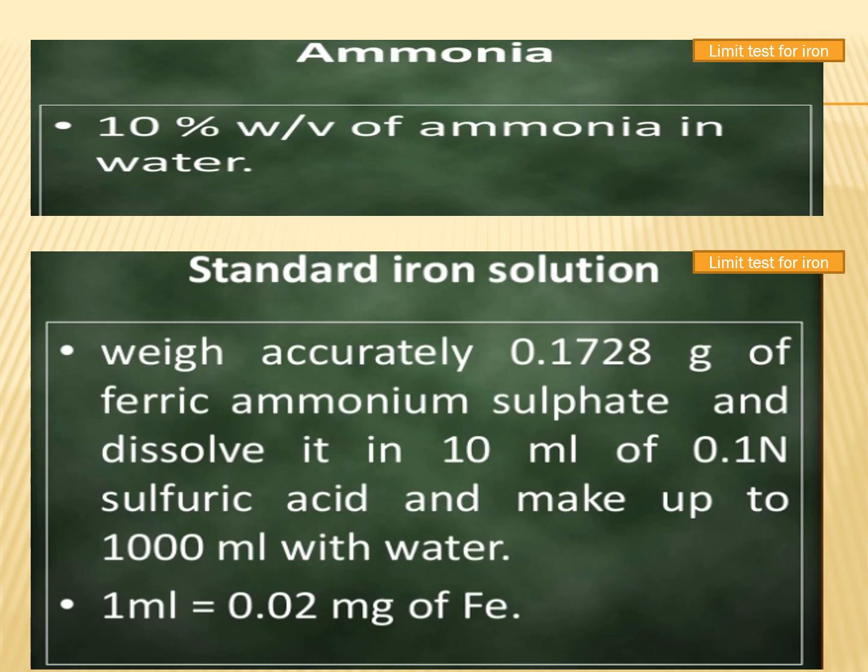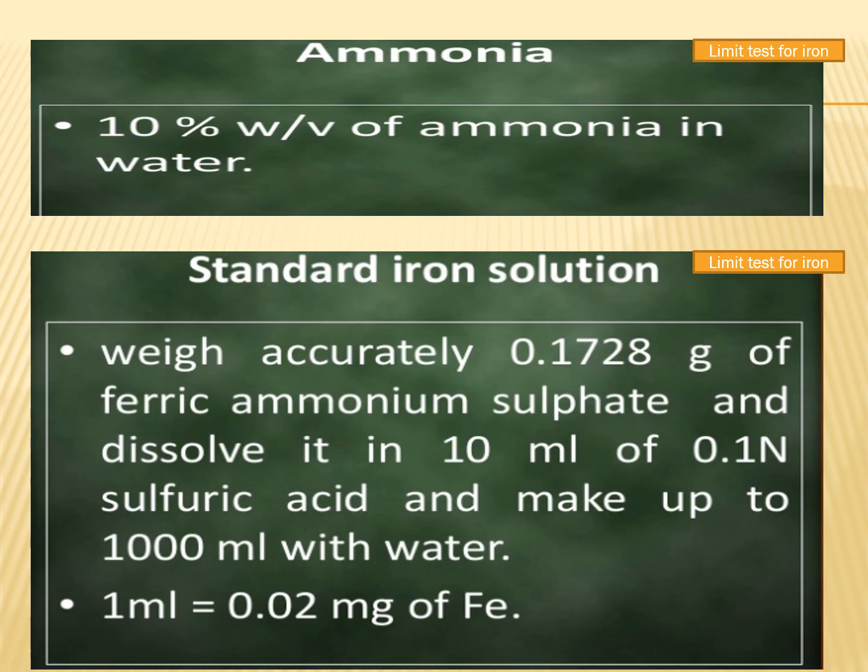So we can't identify the color of this complex in acid or neutral solution. Only in alkaline solution can we detect the color of the iron thioglycolate complex, so we make the solution alkaline by adding ammonia.